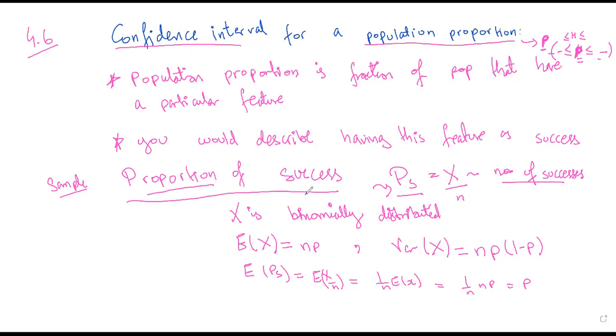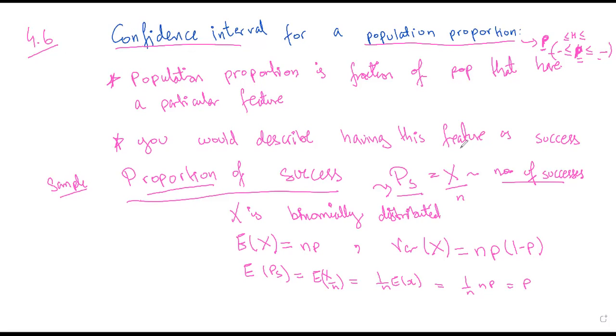So don't think about it a lot. Think of proportion as a parameter like mu, like mean, like standard deviation. So proportion is a parameter, which means it would have population version and sample version both.